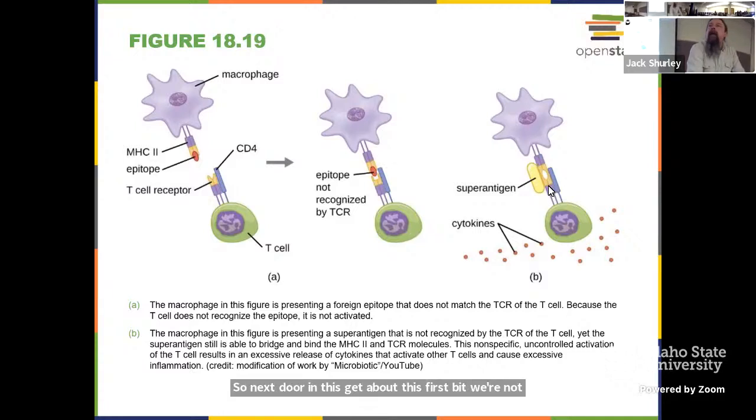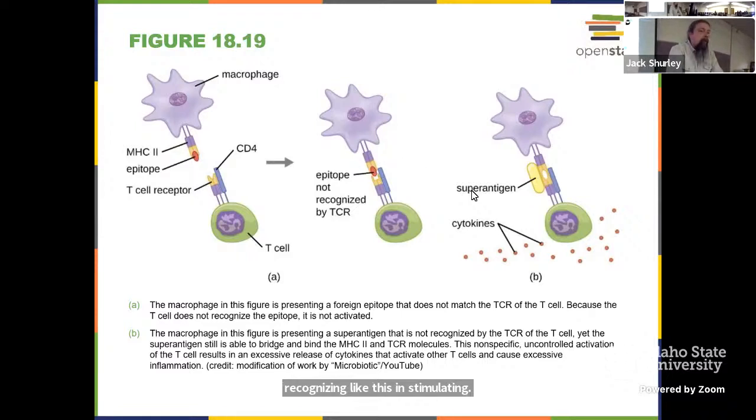Next, there can be a different opportunity where we don't have that epitope, but we still lend to recognition between the two, but it's not within that specific binding site. We bridge them with the super antigen that's able to link up to both of these cells with their receptors, all right?